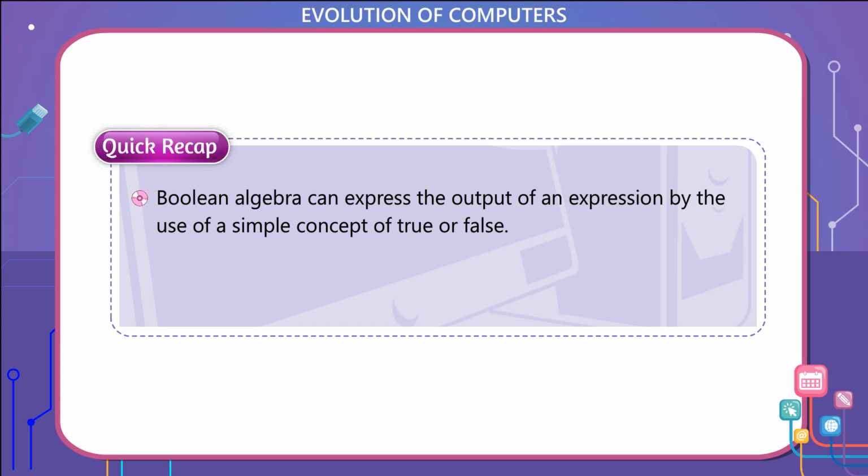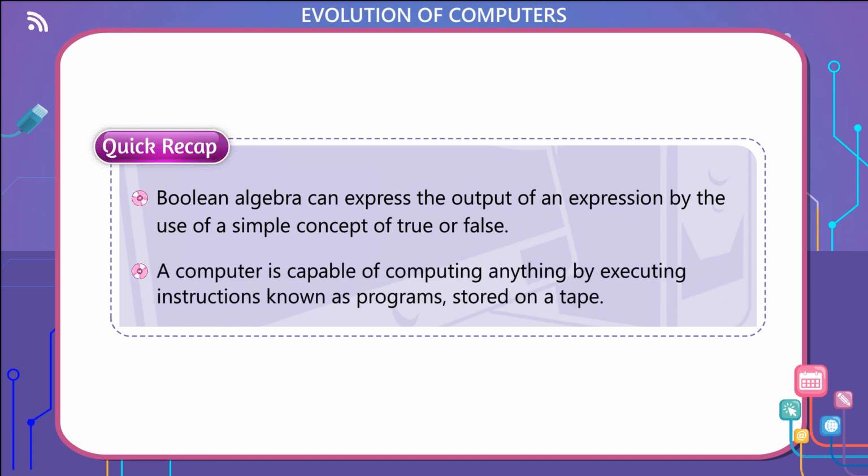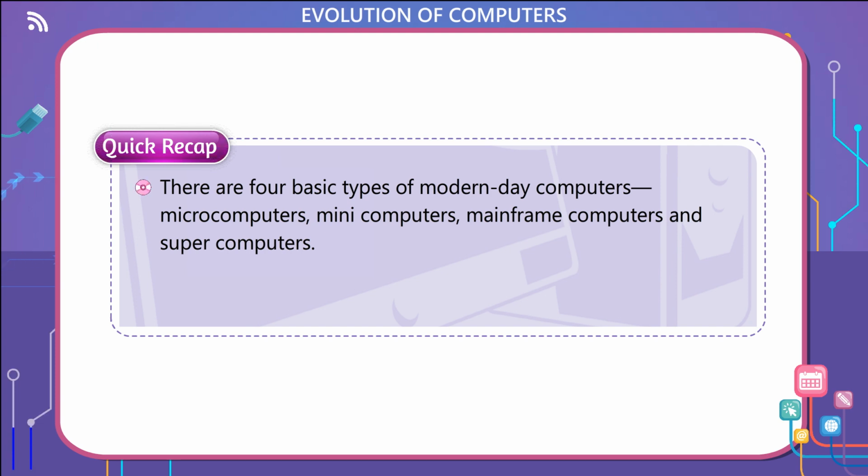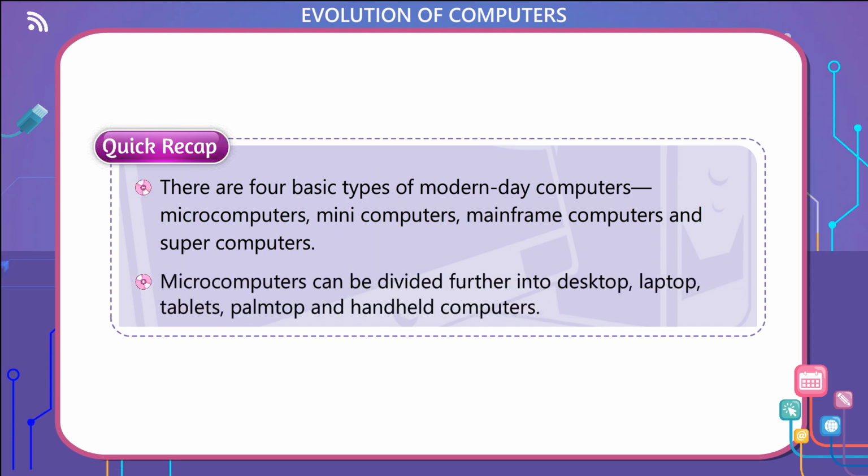Boolean algebra can express the output of an expression by the use of a simple concept of true or false. A computer is capable of computing anything by executing instructions known as programs stored on a tape. There are 4 basic types of modern-day computers: microcomputers, mini computers, mainframe computers, and supercomputers. Microcomputers can be divided further into desktop, laptop, tablets, palm top, and handheld computers.